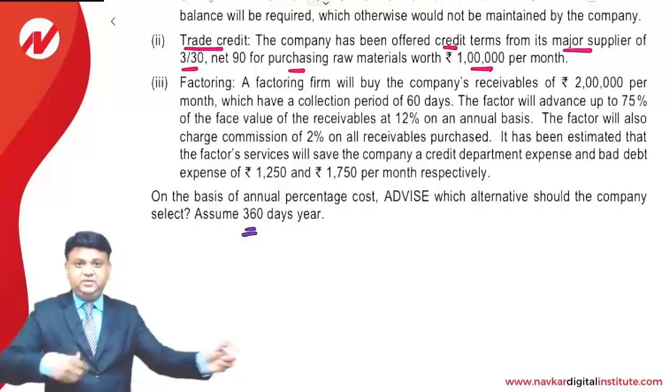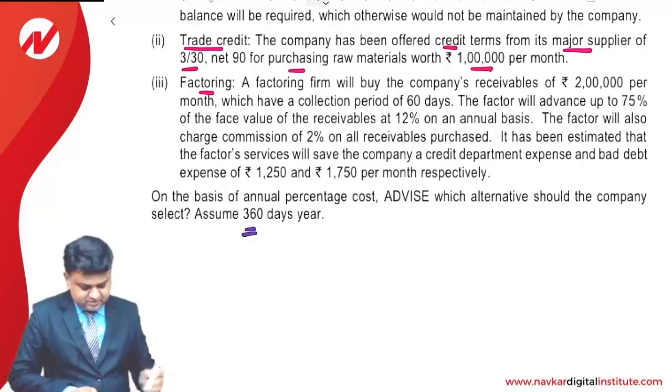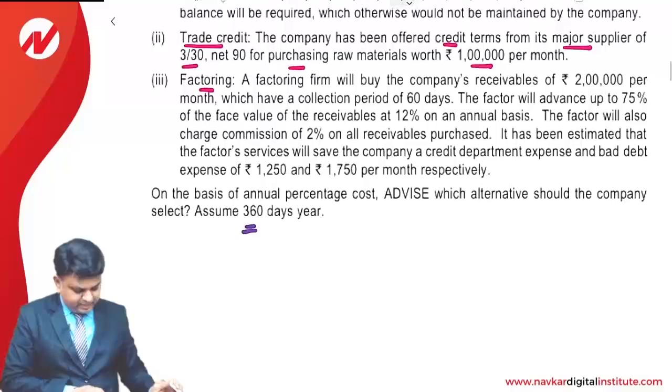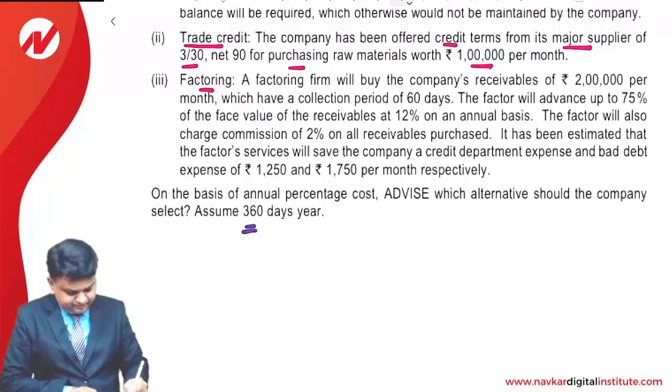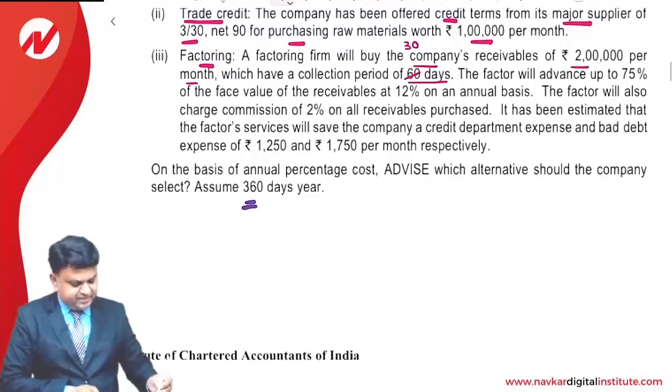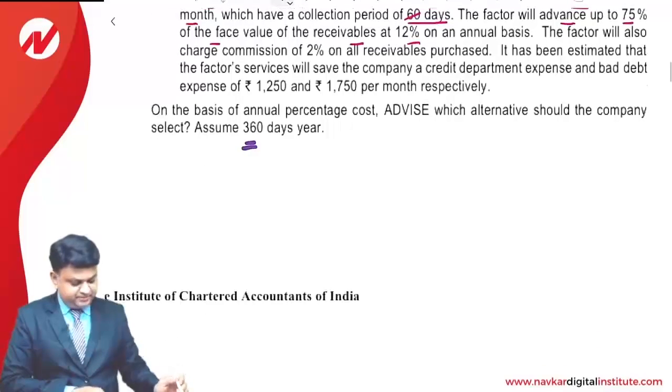The third is that we may go for the factoring services. It has been provided to us like this. A factoring firm will buy firm's receivables of rupees 2 lakh per month, which have a collection period of, friends, over here it is 30 days. The factor will advance up to 75% of the face value of the debtors at 12% on annual basis.